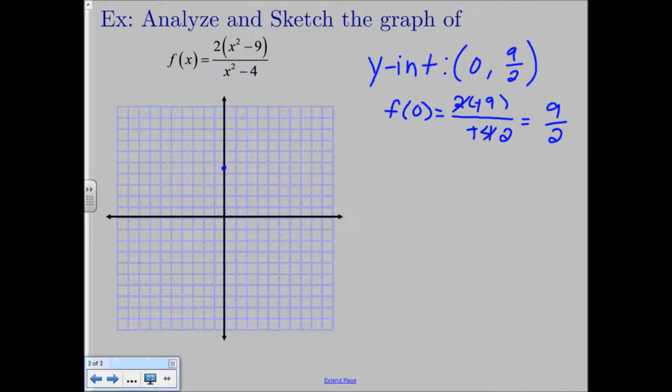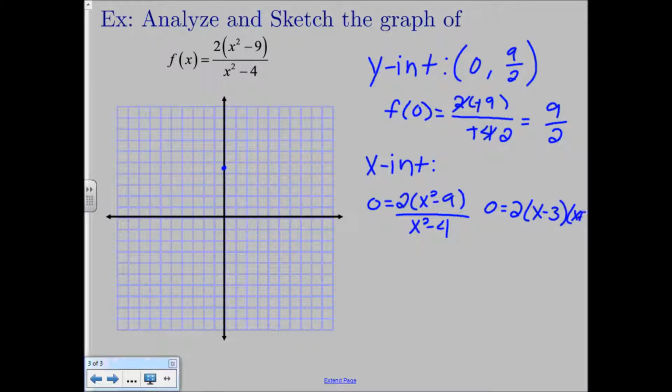And then we also want to see if we have any x-intercepts. So x-intercepts are where you set the function equal to 0 and solve. So if we set our function equal to 0, we have 2 times x squared minus 9 over x squared minus 4. If we multiply the x squared minus 4 over, we just get that 0 is equal to 2 times the x squared minus 9, which we can go ahead and factor as x minus 3 times x plus 3.